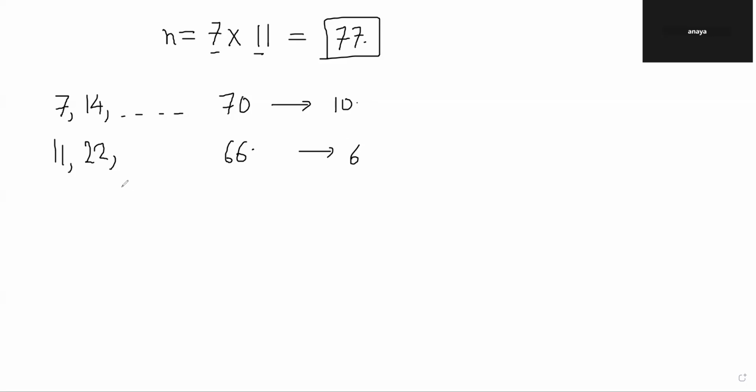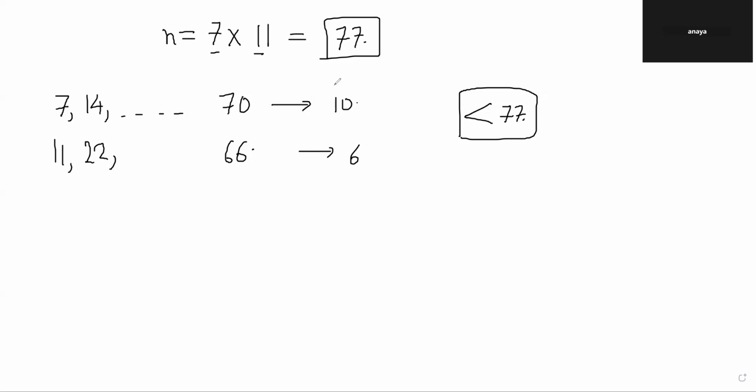And these numbers are less than n, less than 77, and are not relatively prime. They have common factors with 77. So how many are there?